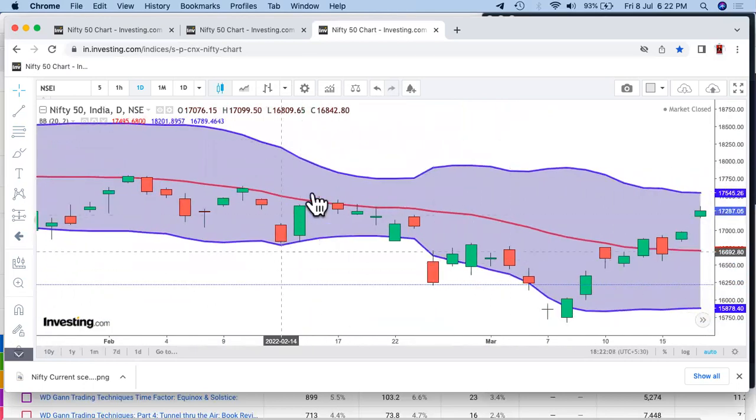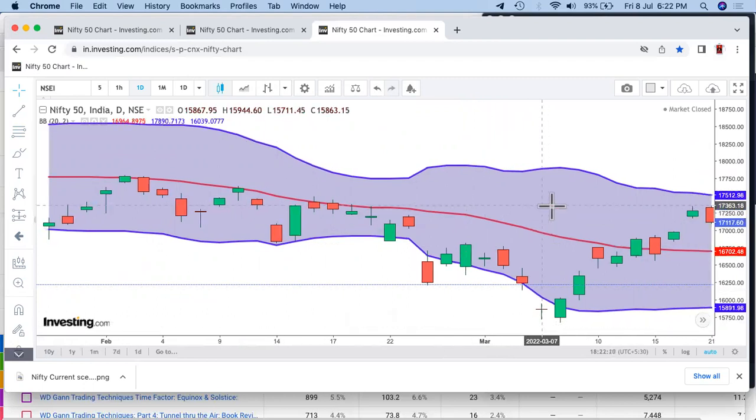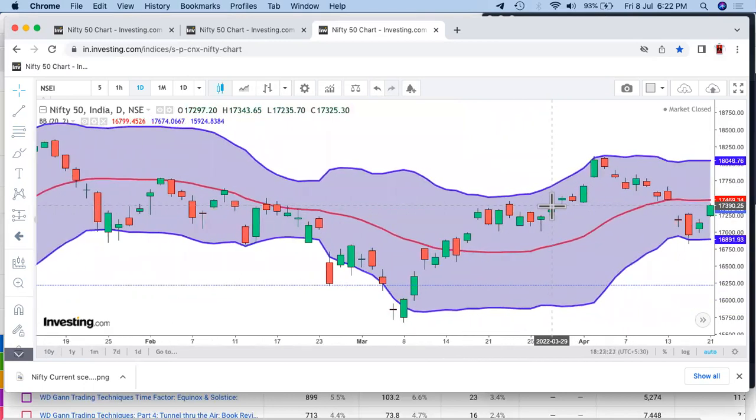Again over here it went up, gradually it started coming down, no signal was generated, and again the price started moving down further, right? So these are a few of the examples that we are able to see.